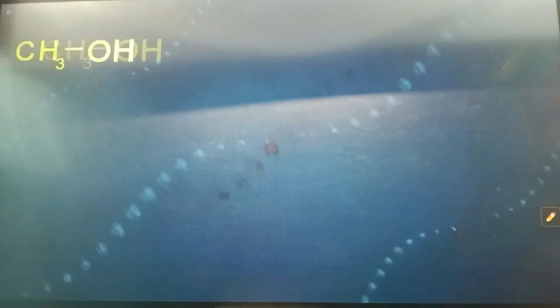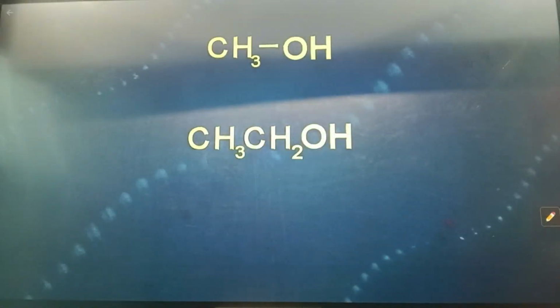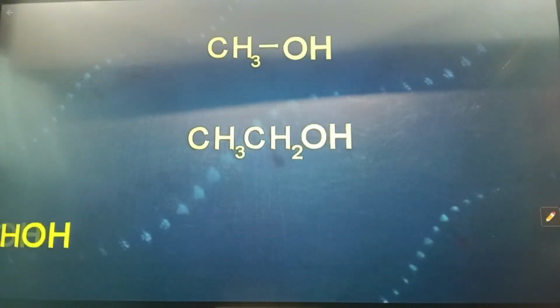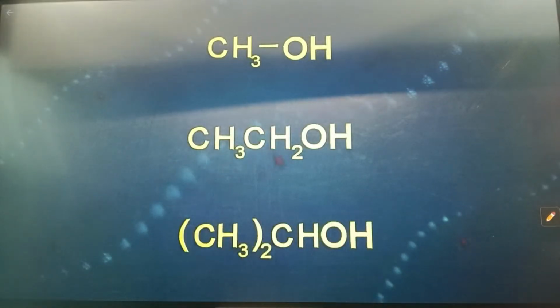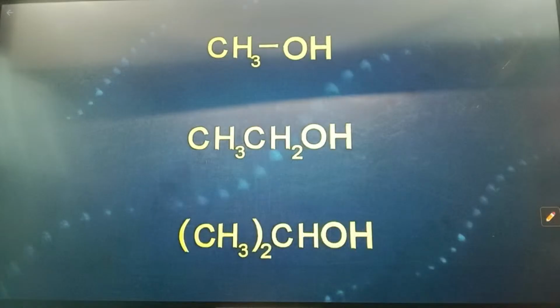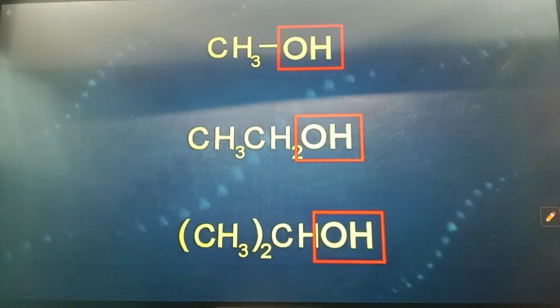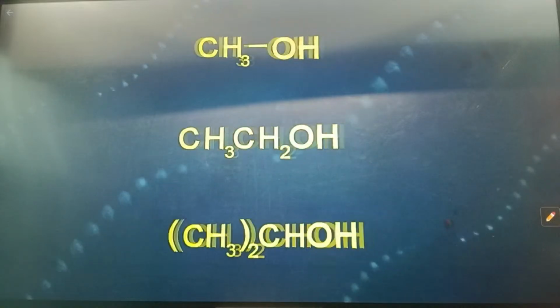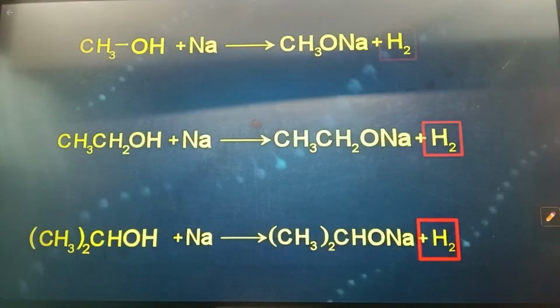For example, CH3OH, CH3CH2OH, and (CH3)2CHOH, all having OH functional group, liberate hydrogen on reaction with sodium metal.